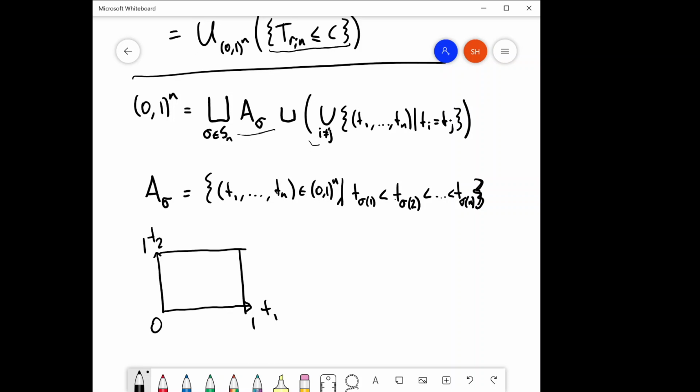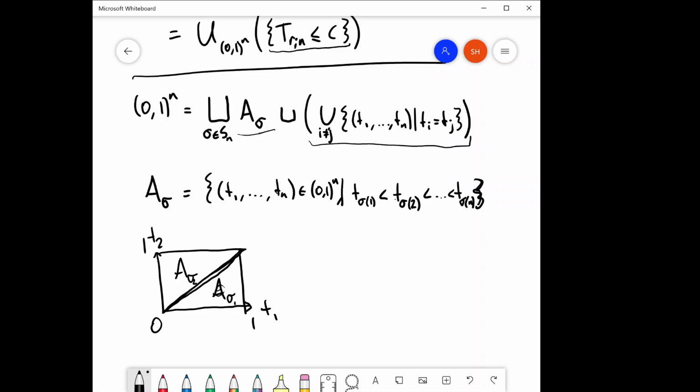Then this set here, there's only one of them, and that's going to be this diagonal line. And then when you don't permute anything, here you've got that t1 is less than t2.